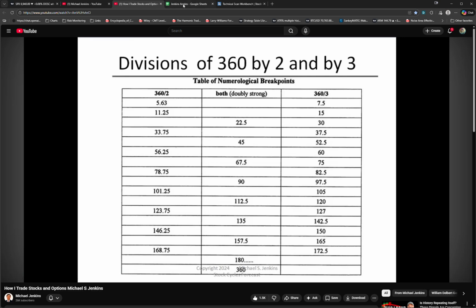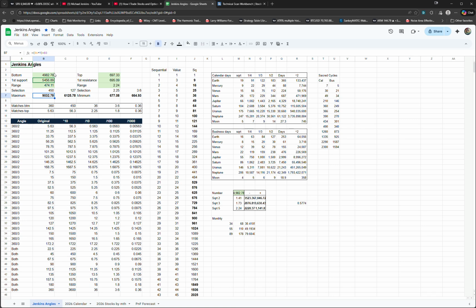I cheat a little bit and put this into a Google sheet with all of those angles that are divisions of 360 by 2, by 3, and by both of them, the number in between them. I multiply them by 10, divide by 10, divide by 100, divide by 1,000, and then I just use a basic index and match formula to find the best fit.